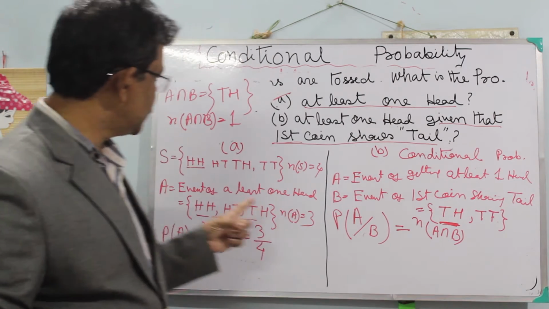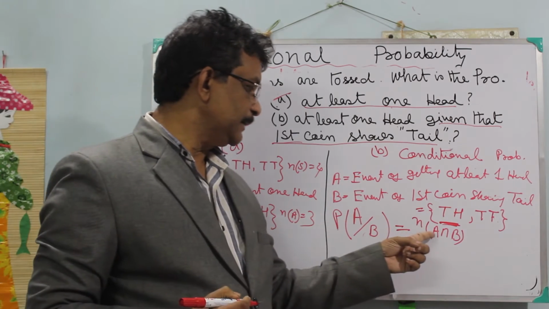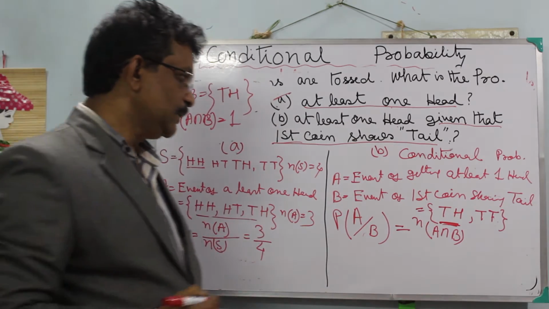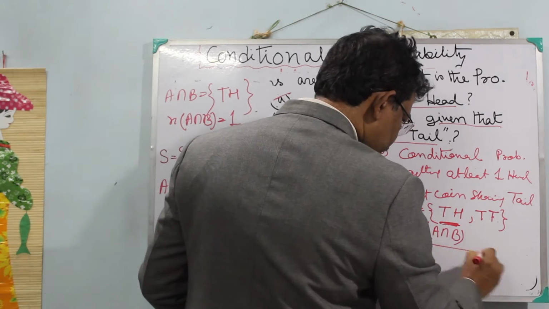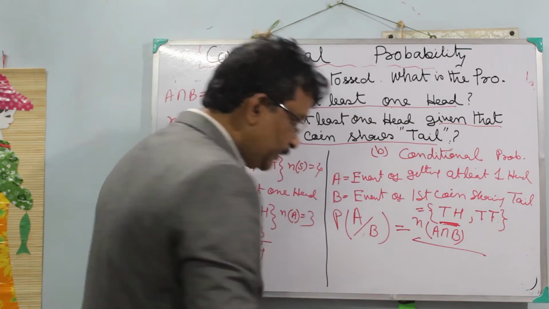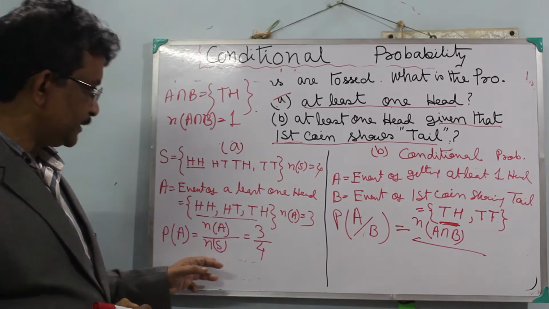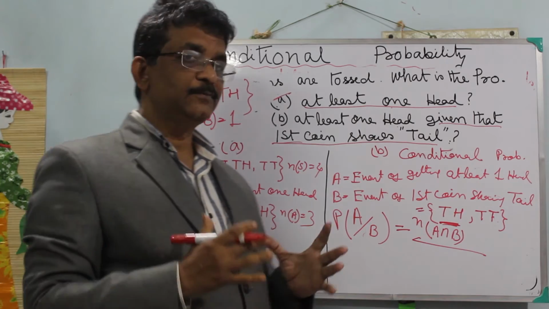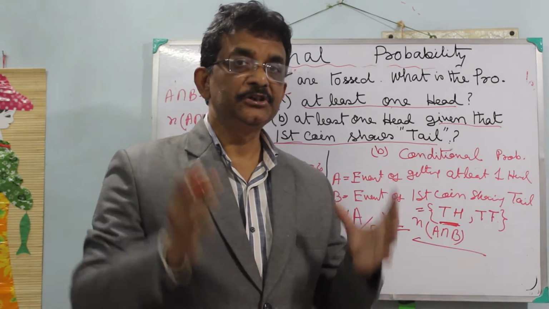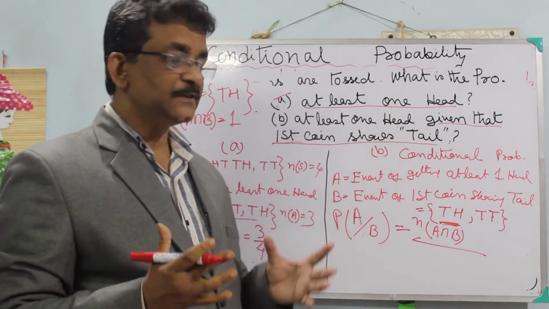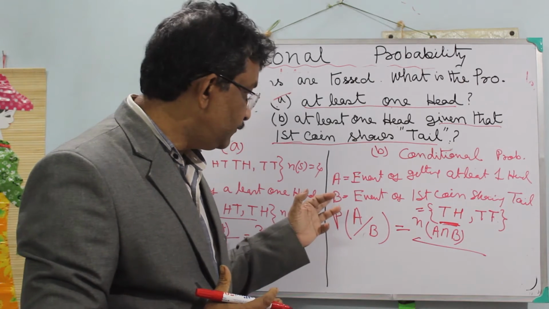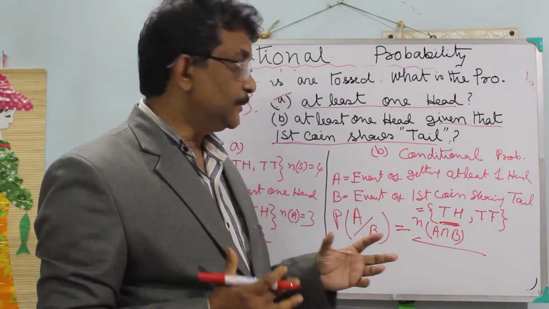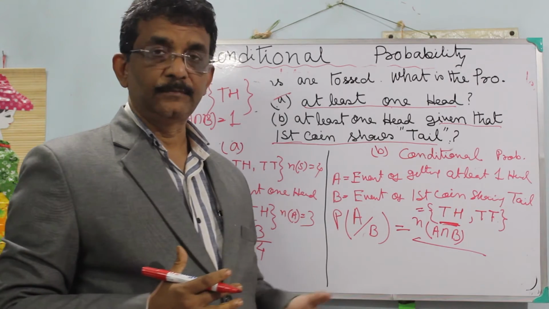So we are interested in calculating the intersection of A and B and its number. The numerator you have calculated, but the denominator would be not the entire sample space, but the sample space here is reduced. The event which has already occurred would be the sample space for conditional probability.